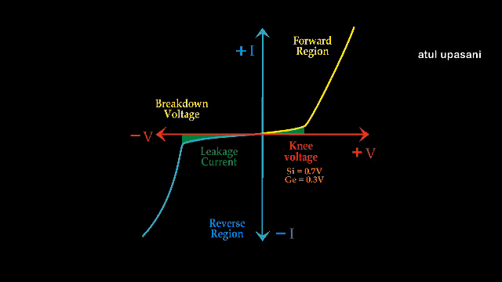So when the reverse voltage is less than the breakdown voltage, the diode will offer high resistance and act as an open switch. So no current is possible up to breakdown when the diode is reverse biased. So this was about the characteristics of p-n junction diode when it is forward biased and reverse biased.